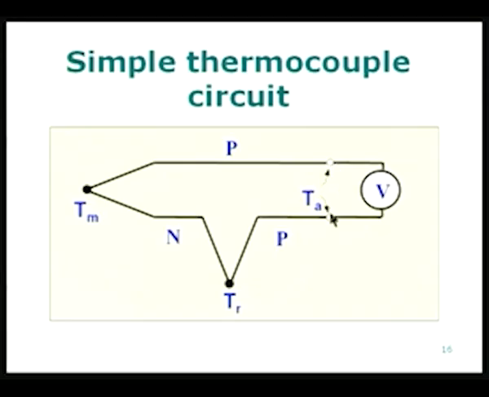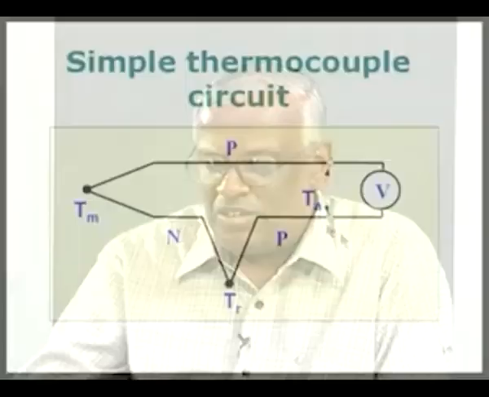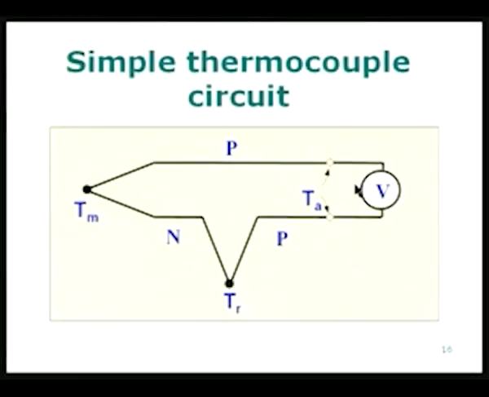If the two terminals are at the same temperature, we will come back to this question a little later, this is not going to affect the measurement. Okay? If the two terminals are not at the same temperature, we have to worry about it. Normally, these two terminals are placed on what is called a junction box, and the junction box consists of a material of high thermal conductivity, like a block of aluminum or a block of copper.